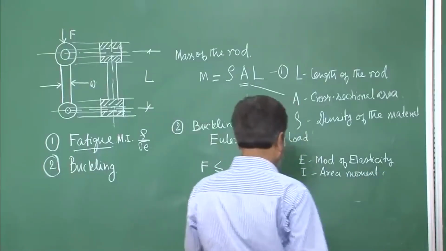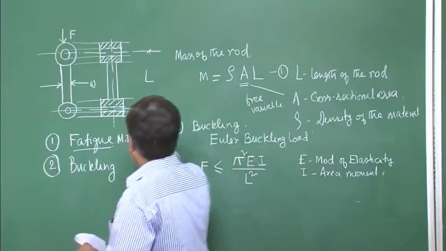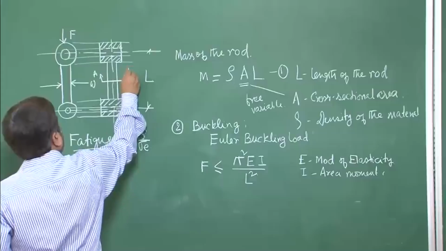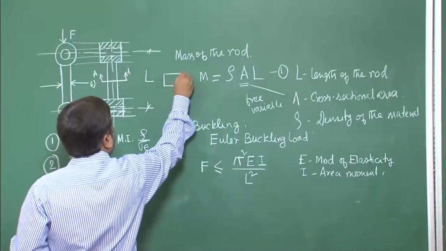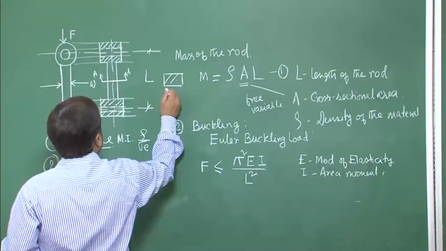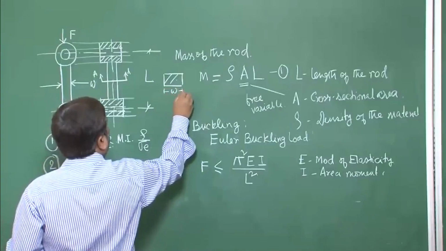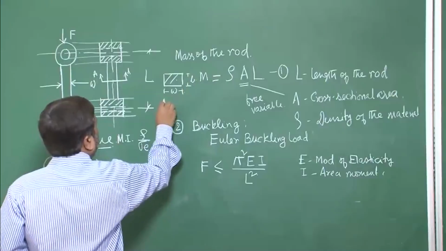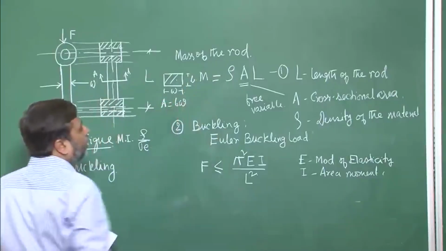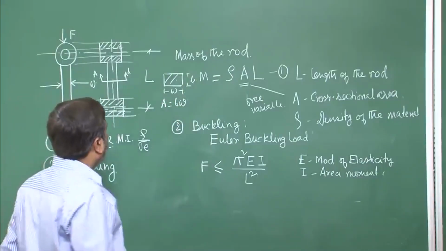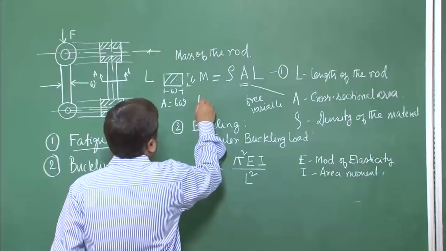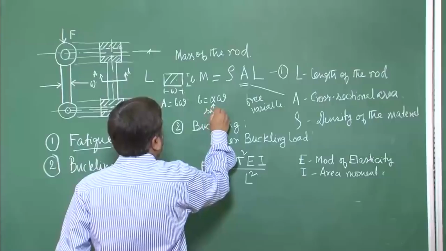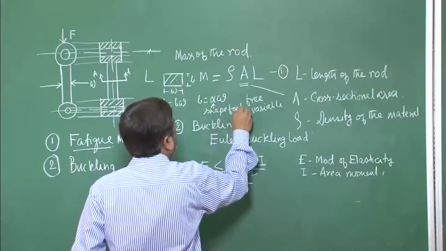If you think of the cross section here, suppose this is W and this is B, then area is BW. Of course, there are many applications where B and W are related, like B equals alpha W, where alpha we call a shape factor.